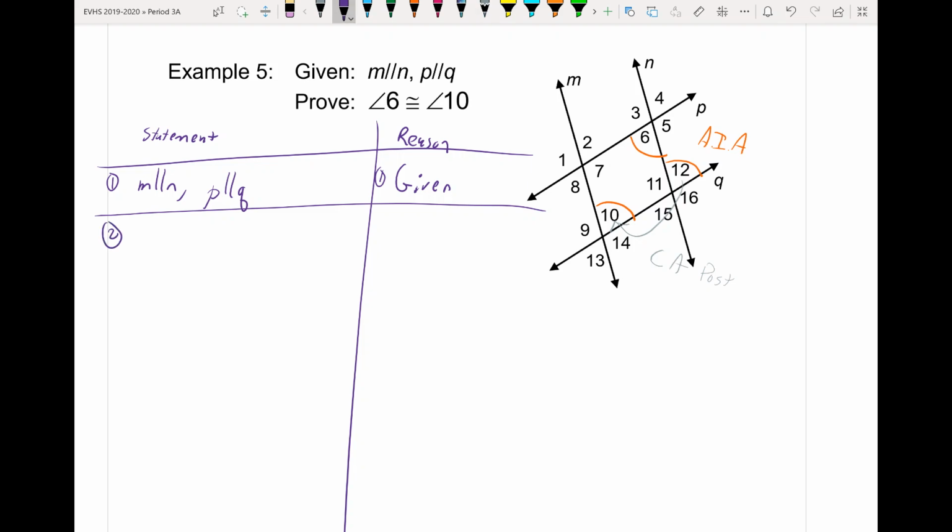So step 2, angle 6 is congruent to angle 12. And that's by the alternate interior angles theorem. All right, good.